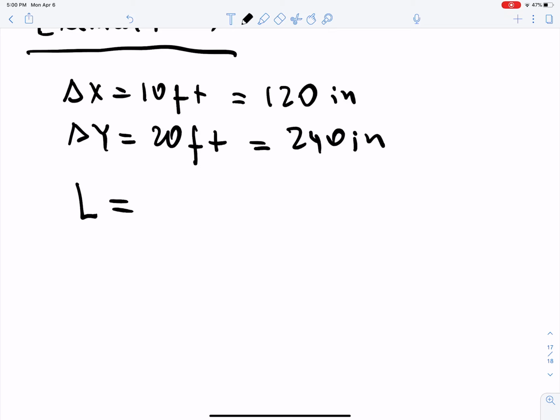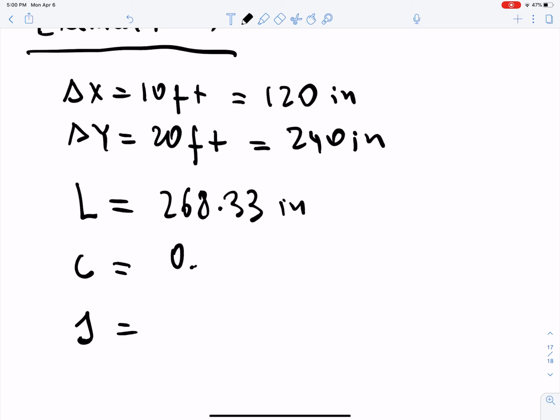We compute the length the usual way: 268.33 inches, and then sine and cosine become 0.44721, 0.89443.